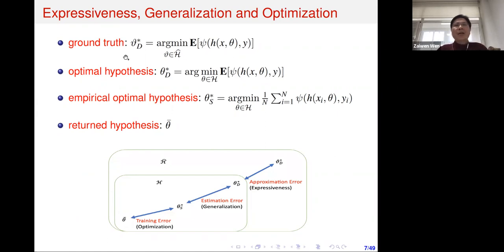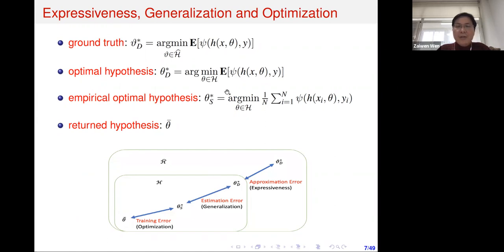Then we approximate this function space by, for example, using neural networks. Of course, H is our neural network, and theta is our parameters. So in this way, the first difficulty is the approximation error, because we are using a smaller function space to approximate a larger one.